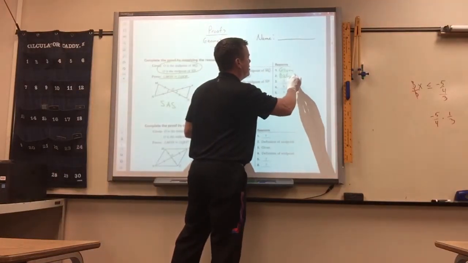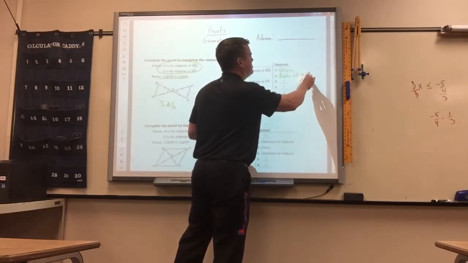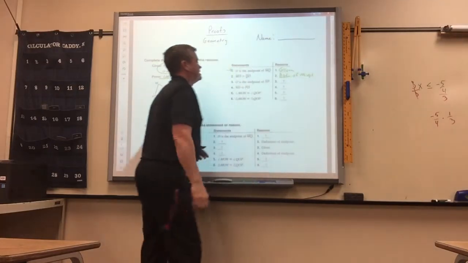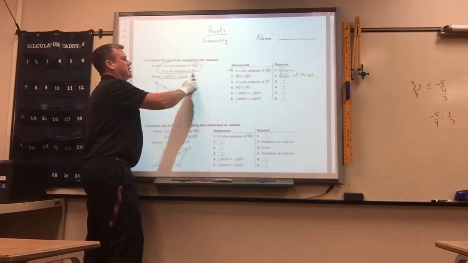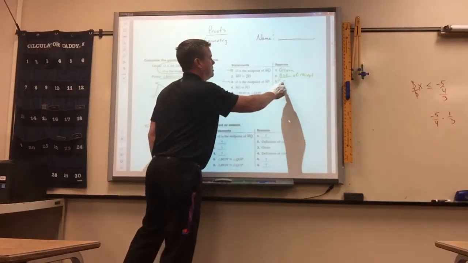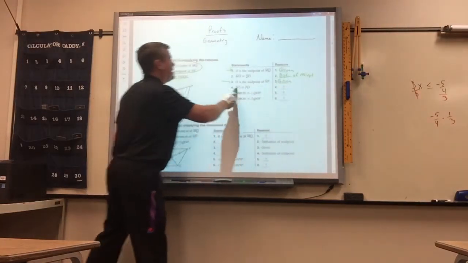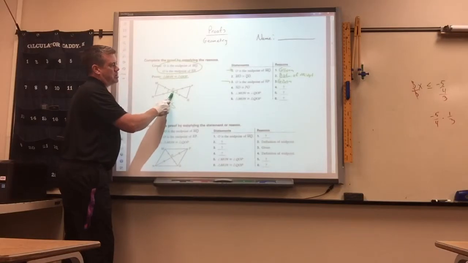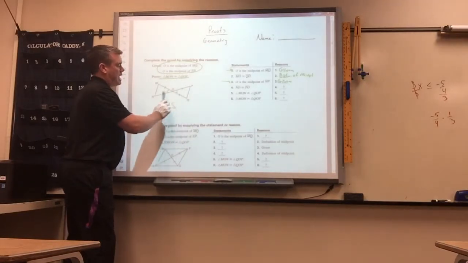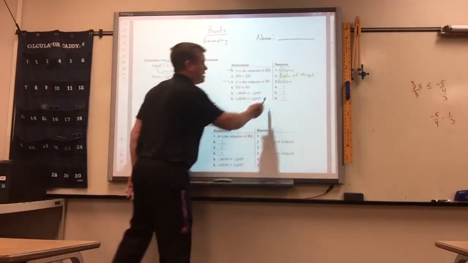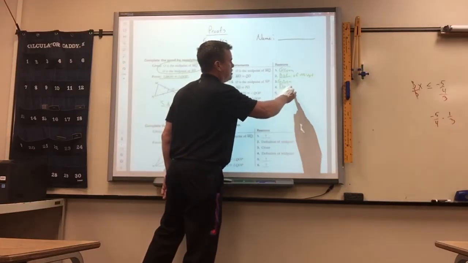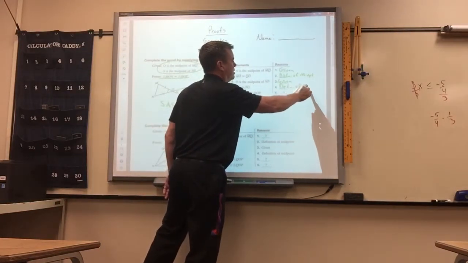So this is just definition of midpoint. Then they put the second given right there. And then they did the same thing. Since O is the midpoint of NP, NO has to equal PO because that's also the definition of midpoint.